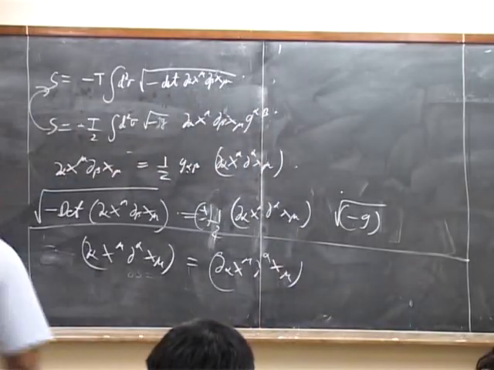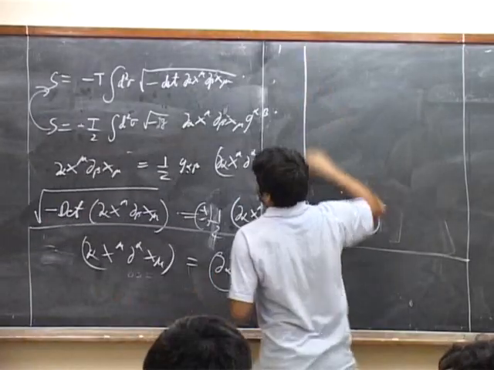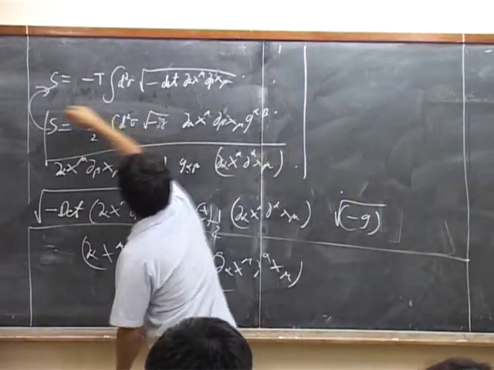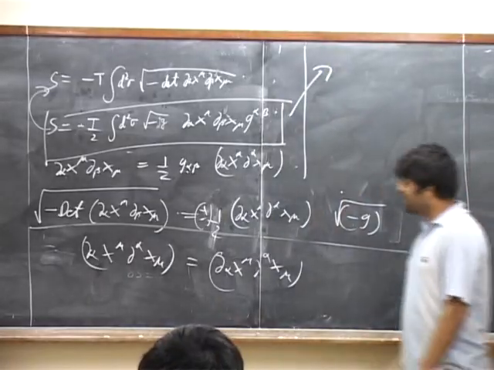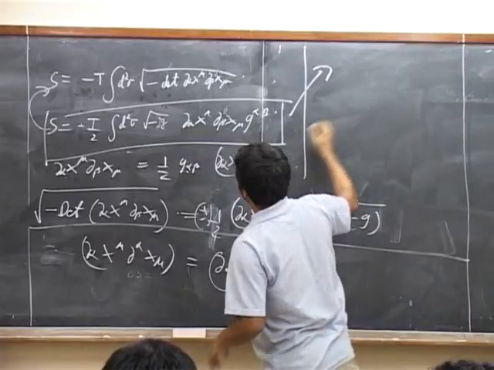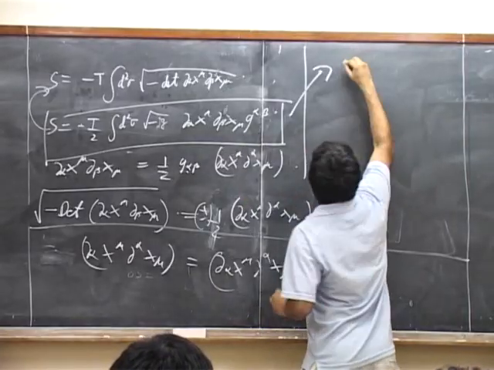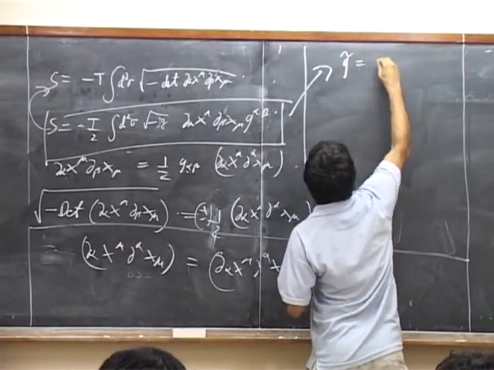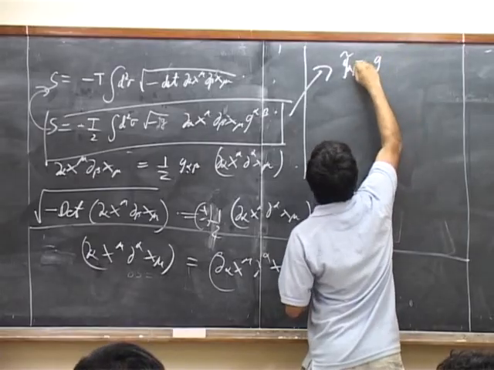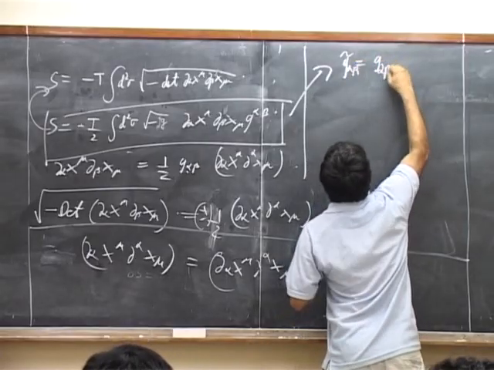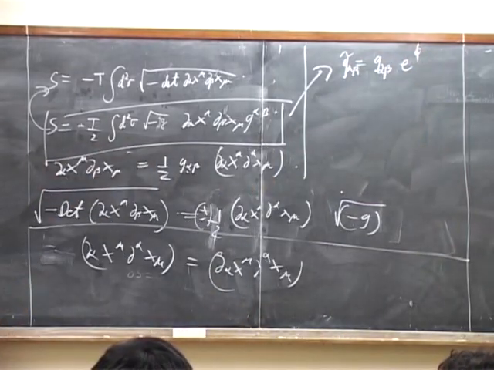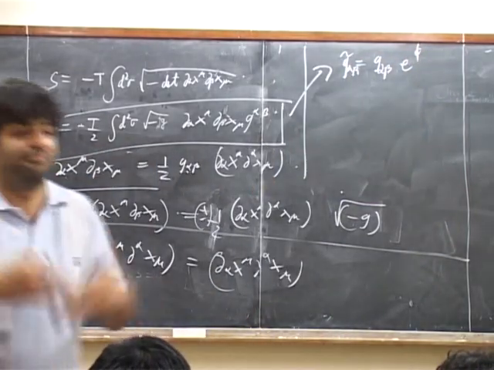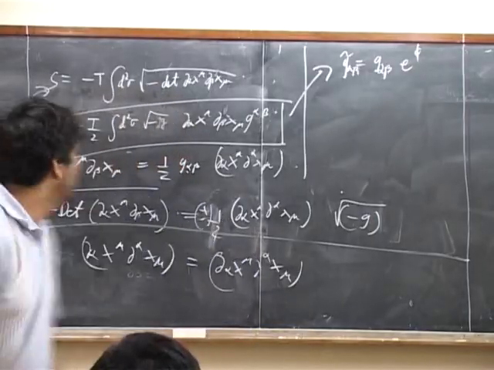Okay, let's see how that works. Let's look at this action here. Now consider 2 different metrics. g tilde, which is equal to g alpha beta times e to the power phi, where phi is an arbitrary function of your worldsheet coordinates.